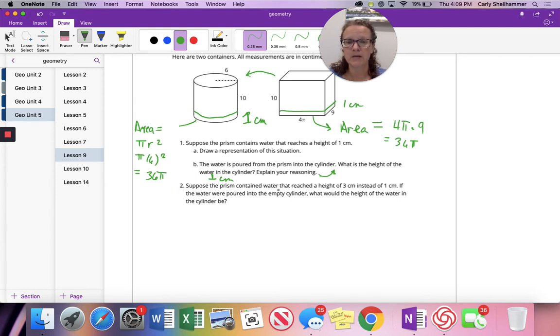Suppose the prism contained water that reached a height of 3 centimeters instead of 1 centimeter. If the water were poured into an empty cylinder, what would the height of the water in the cylinder be? The same.